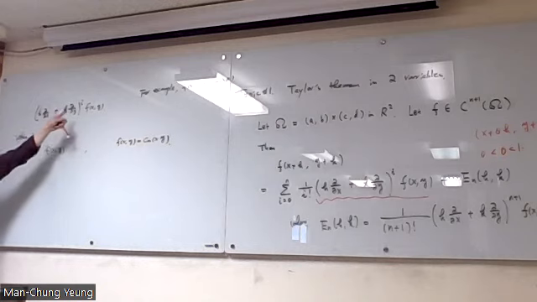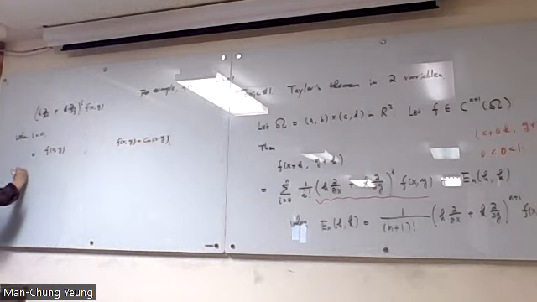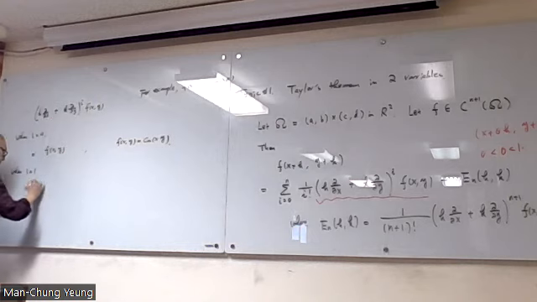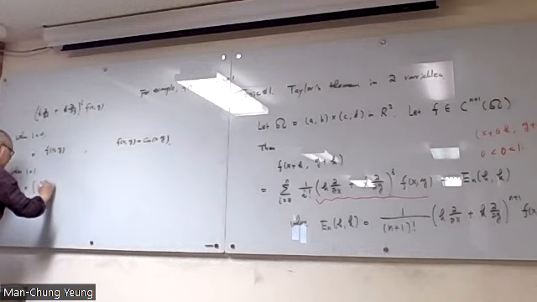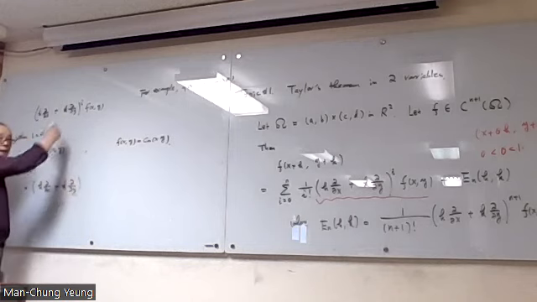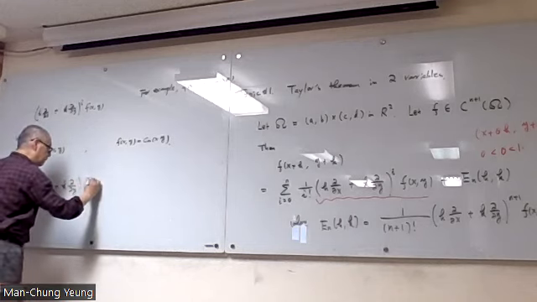How about I is 1? When I is 1, this is h partial x plus k partial 1, with power 1.